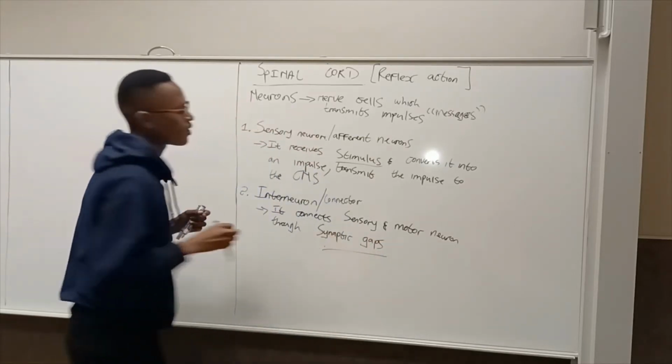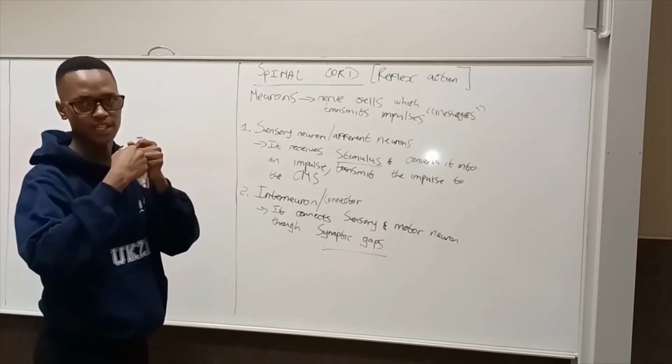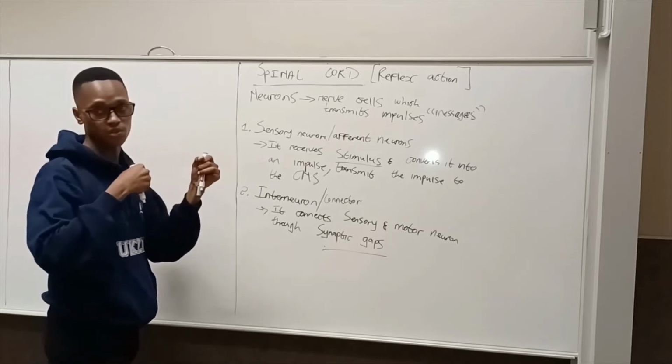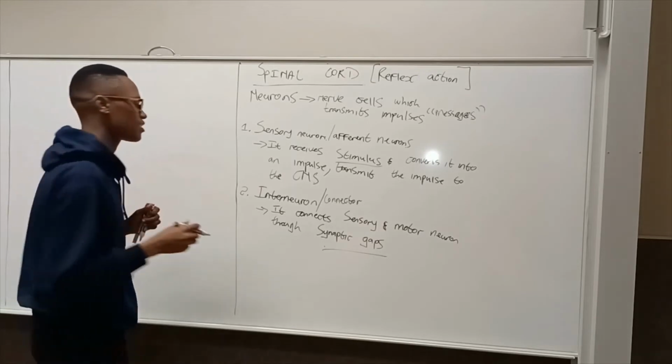These gaps are found between neurons. So it means that the neurons are not directly connected to each other. There are gaps in between those neurons. But we'll learn more about them when we talk about the reflex action.